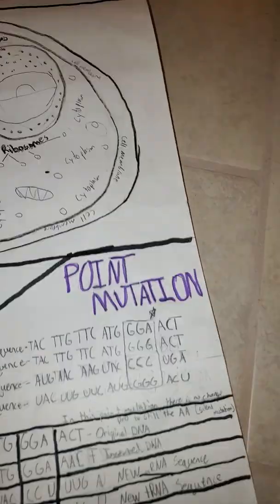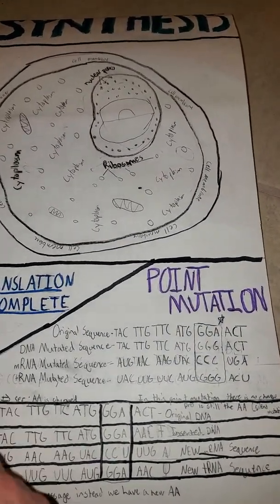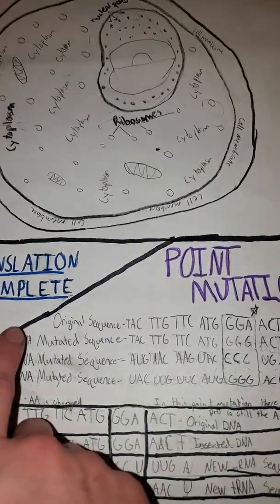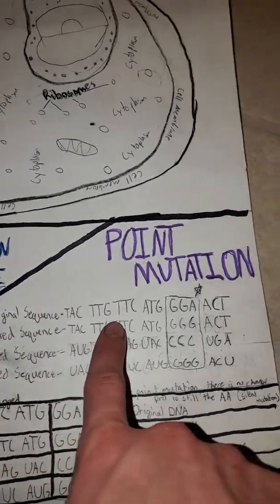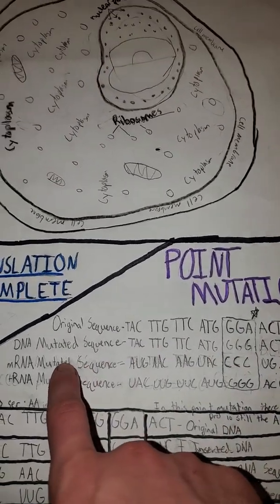Now, sometimes we have mutated DNA sequences. So basically, our one mutation is called a point mutation. As you can see, we go through our original DNA sequence, everything's normal, and then we have a mutated sequence.